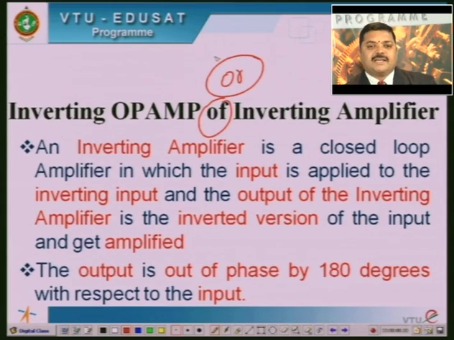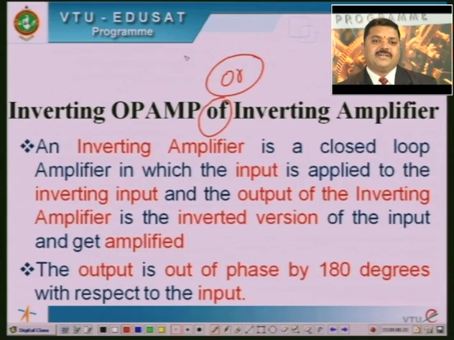What is an inverting amplifier? An inverting amplifier is a closed loop amplifier in which the input is applied to the inverting input terminal of the operational amplifier, and the output of the inverting amplifier is an inverted version of the input and gets amplified.